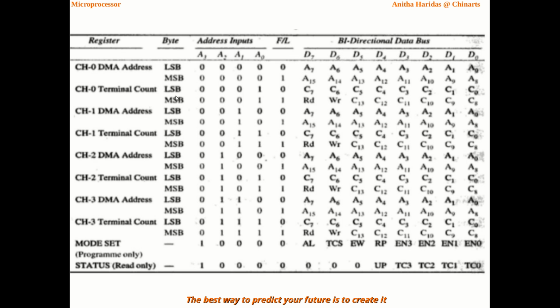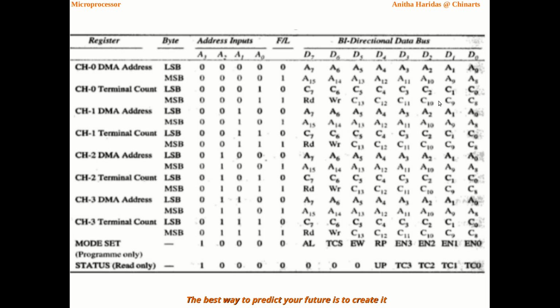Now, if the address in A0 to A3 is 0001, the D0 to D7 will be taken as C0 to C7, and the most significant byte will be C8 to C13. Then it will also specify whether it is a read operation or a write operation.